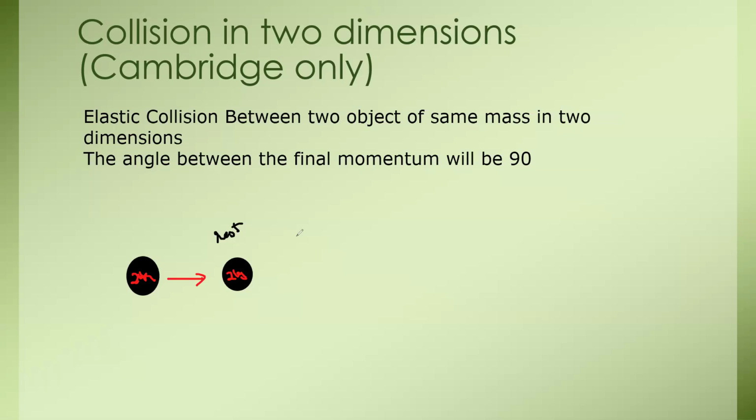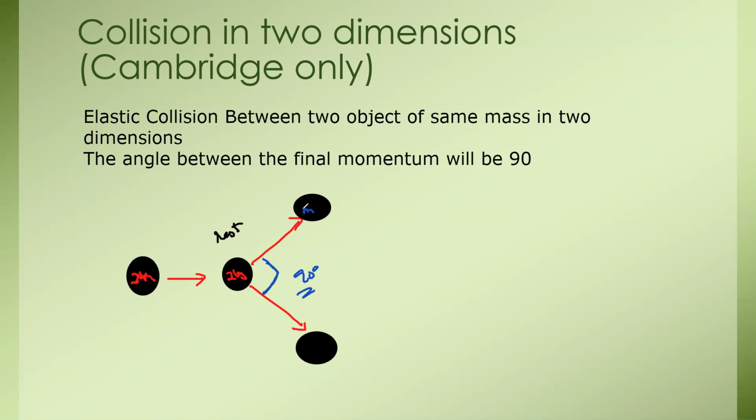If the collision is elastic, what will happen after the collision? Elastic collision means the kinetic energy is conserved. After the collision, both objects change direction, they have the two components, x and y. So what will be the angle between them? If the collision is elastic, this angle will be 90 degrees.